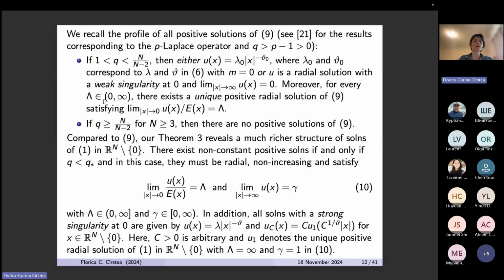And then for every lambda positive and finite, you can find the unique positive radial solution which behaves like the fundamental solution of the Laplacian.